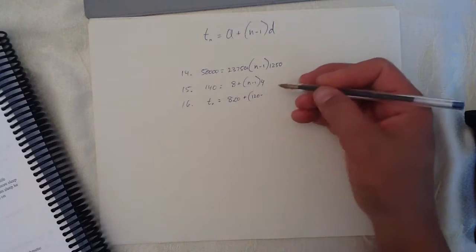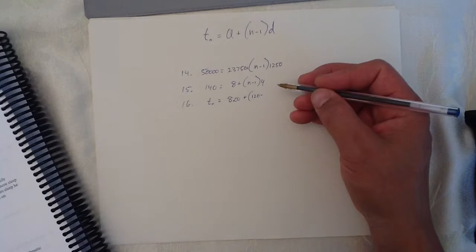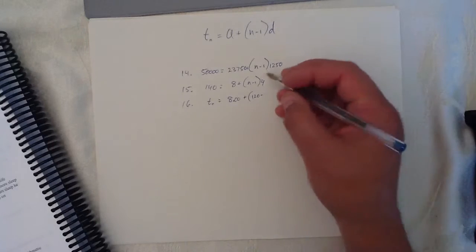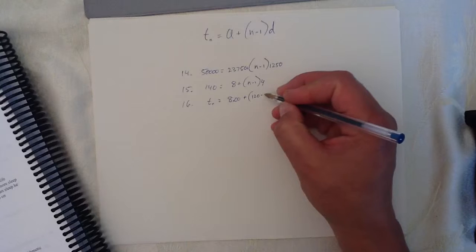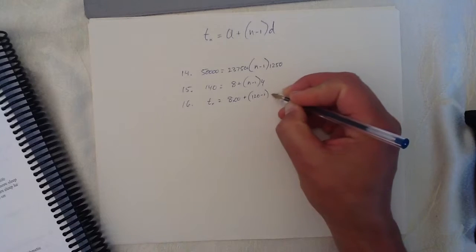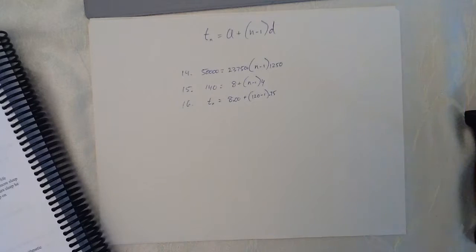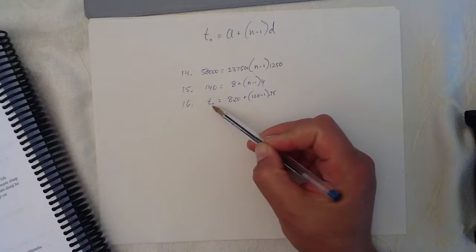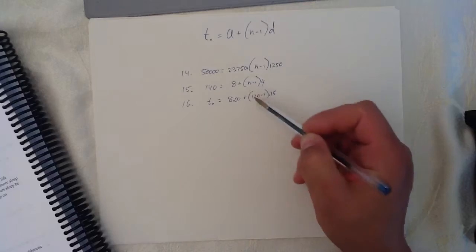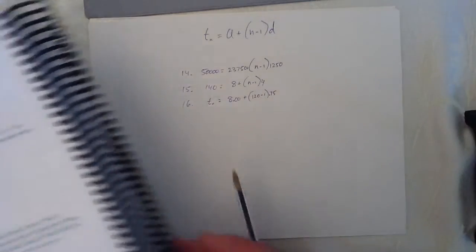It's the 120th step, or the 120th step up in price of 75 cents. Multiply by 0.75. Okay, so that was a little bit different because you're looking for a different variable. They gave you n. It was 120 steps down the price list.